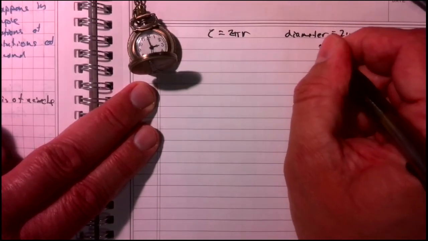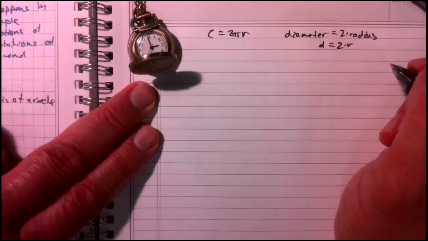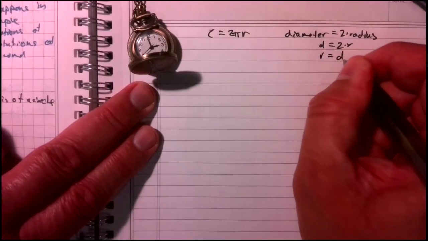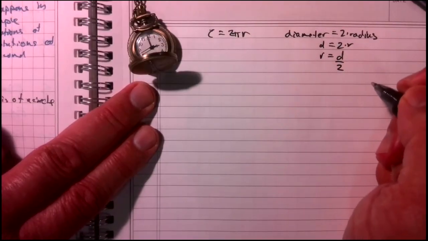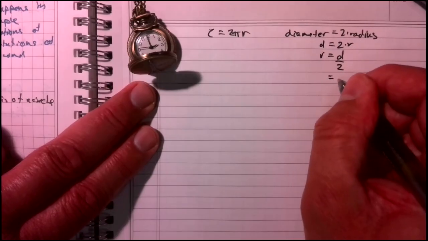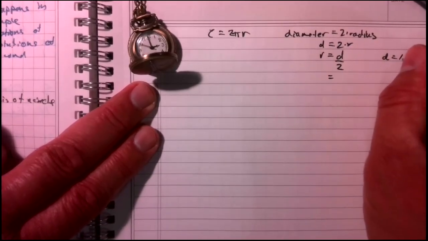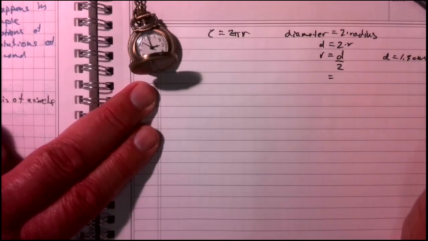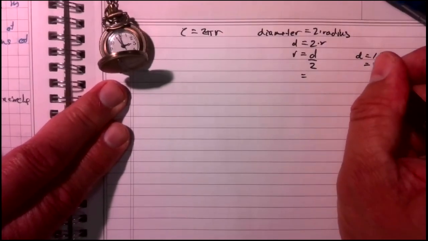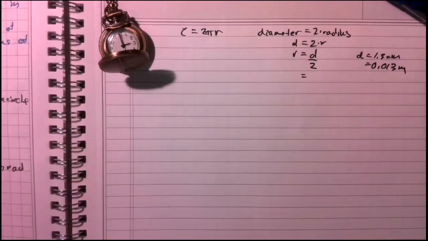Or if I know the diameter, then the radius is equal to the diameter divided by 2. My diameter was 1.3 centimeters. I want to convert that into meters, so that's going to be 0.013 meters.